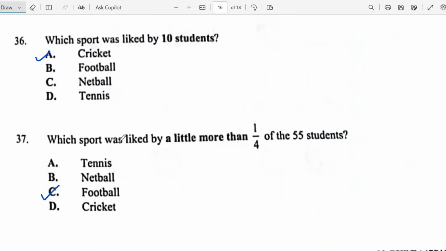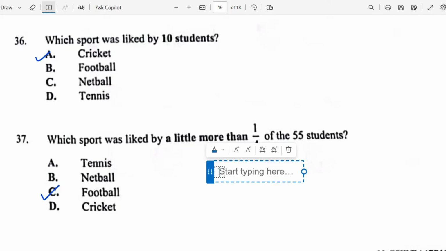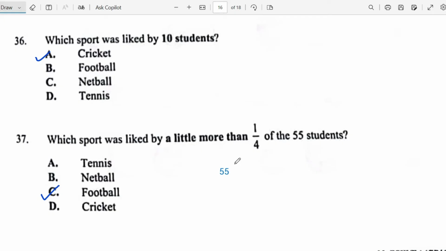And which sport was liked by a little more than a quarter of the 55 students? So we know half of 55. We can say 55 divided by 2, and 55 divided by 2, this will give us a half, is 27.5.